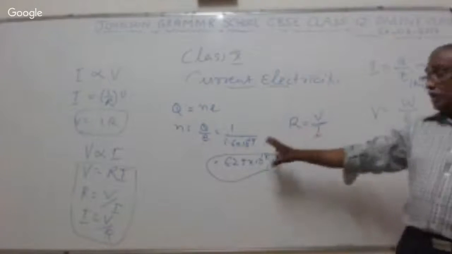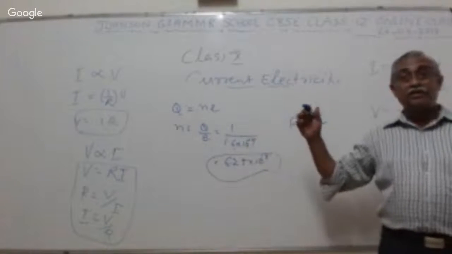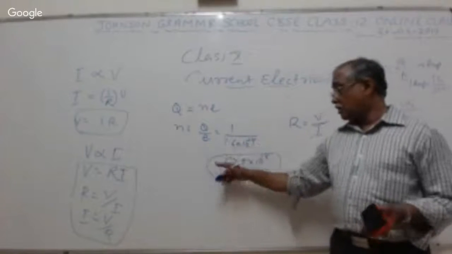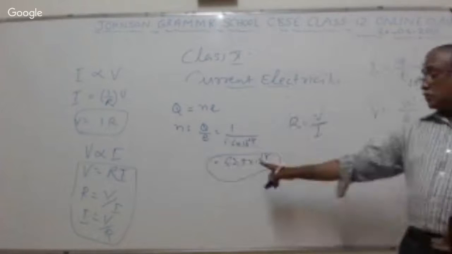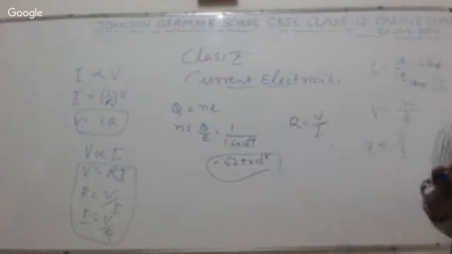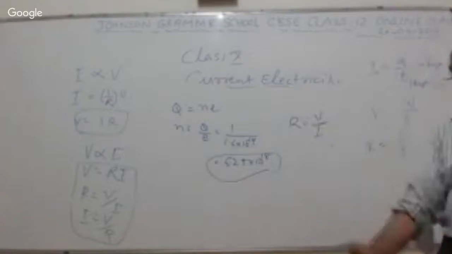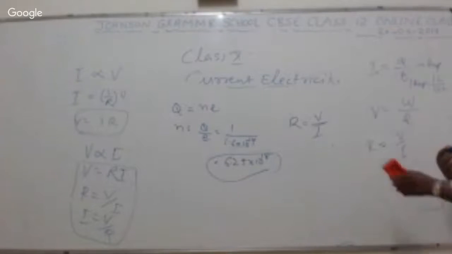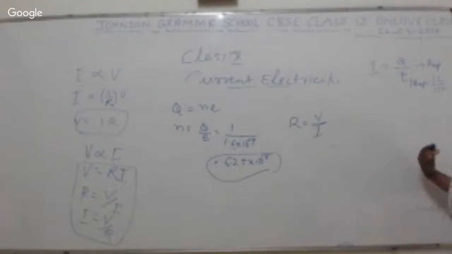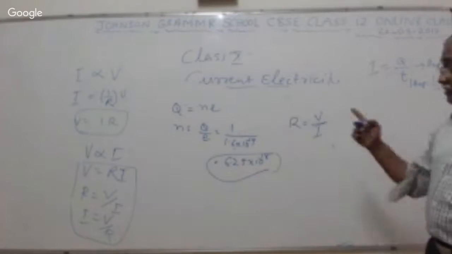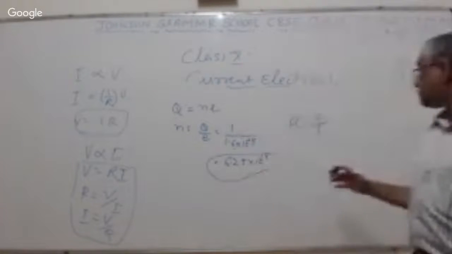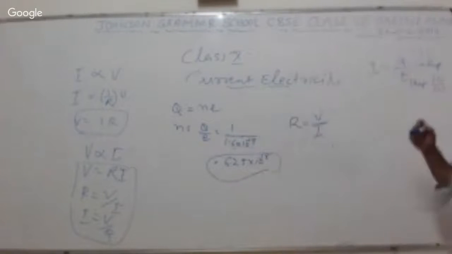This is why we say electric current is such a huge thing to understand and experience. 6.25 into 10 to the power of 18 electrons flowing through the conductor in 1 second. That is the wonder here, and that is why electricity is very important. So 1 ampere of current is when this many electrons pass through the conductor in 1 second. So 1 coulomb per second.